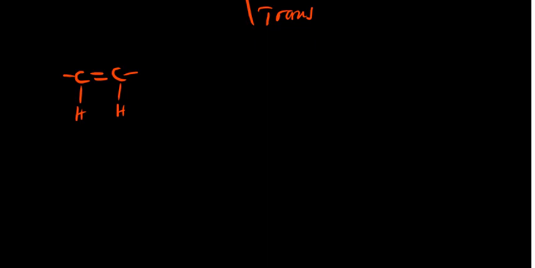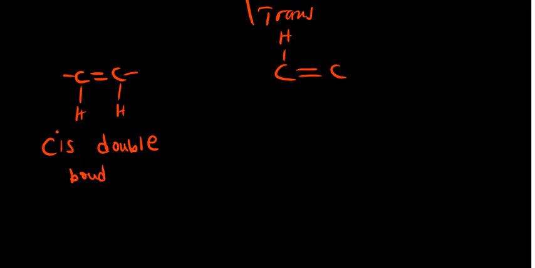So this one we call a cis double bond, same side. But when you have one hydrogen on this side and the other hydrogen on the opposite side, this one I call a trans double bond.